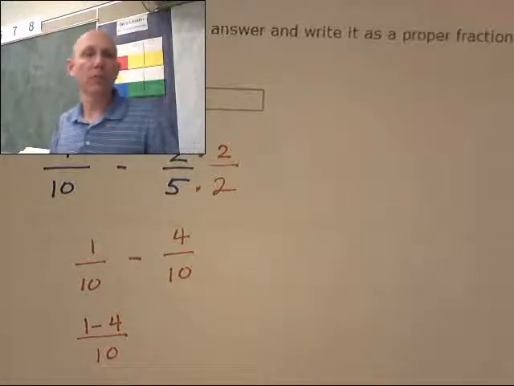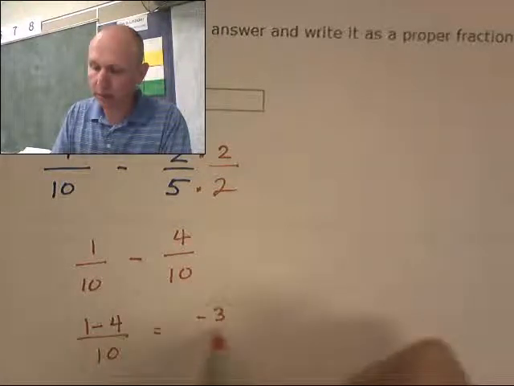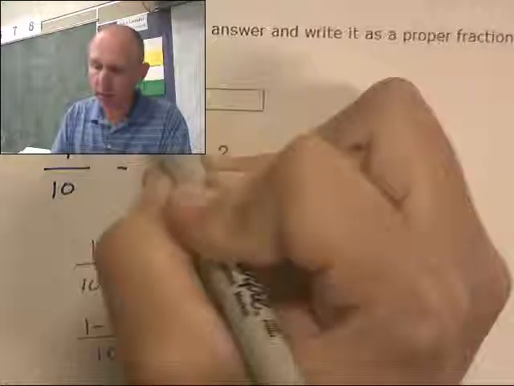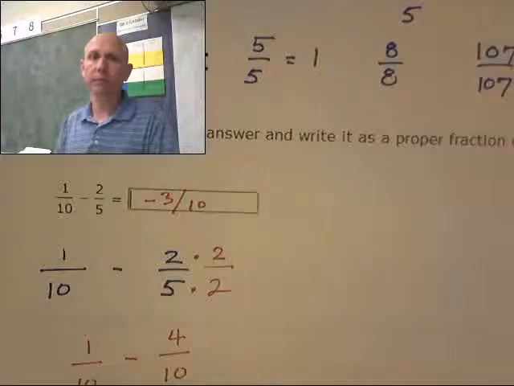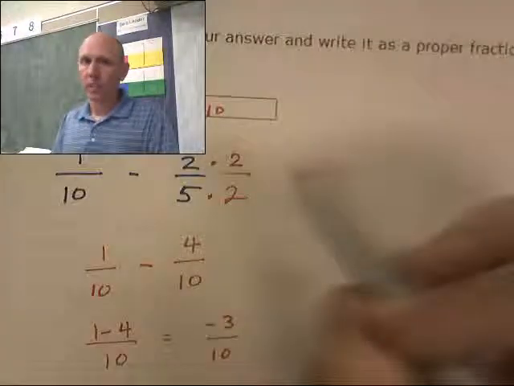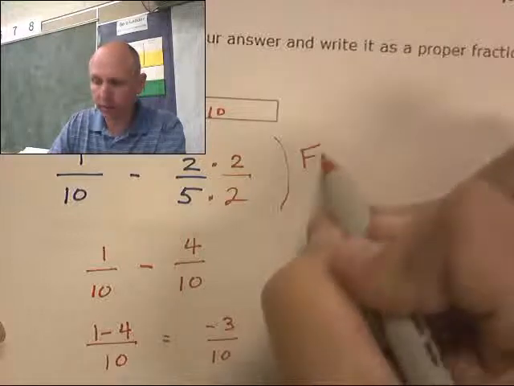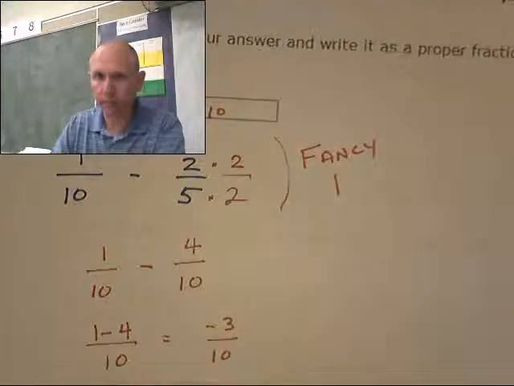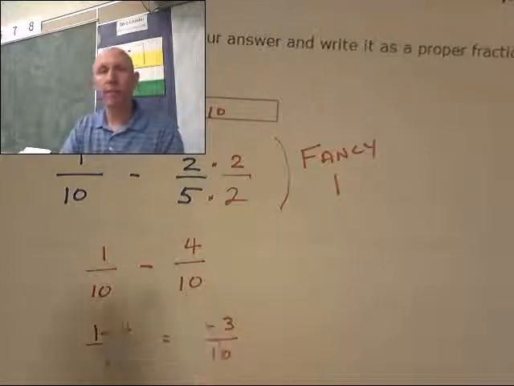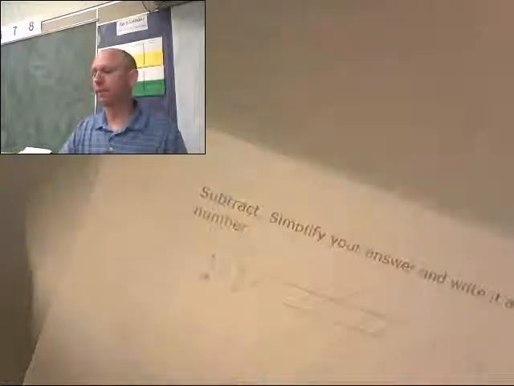So I have to do 1 minus 4. 1 minus 4 is -3. So this is -3 tenths. So I use a fancy 1 to build the common denominator. Once I have the common denominator, I can do the subtraction.